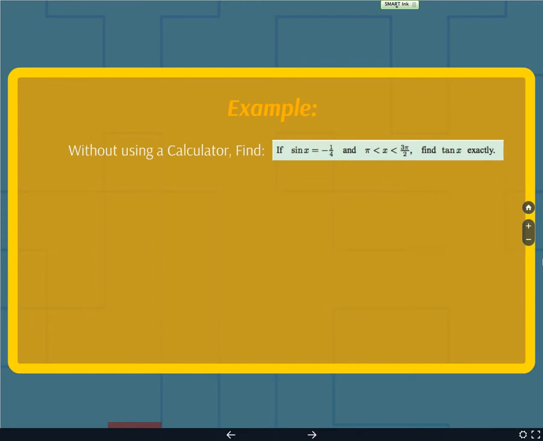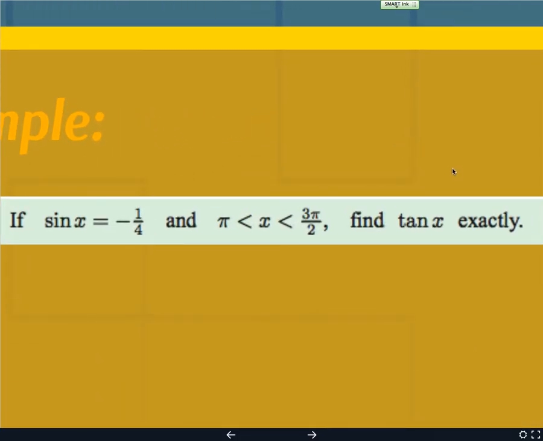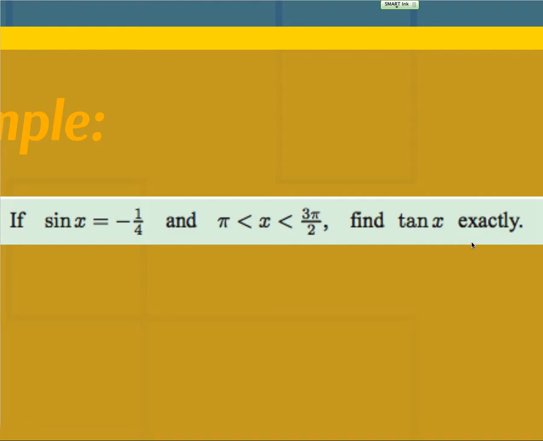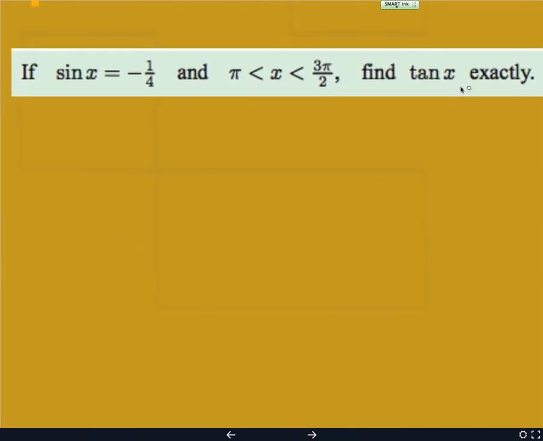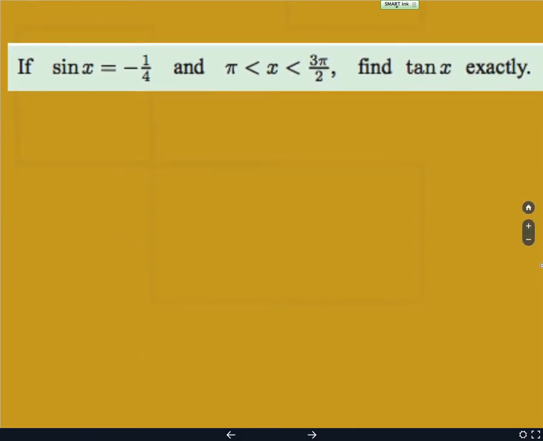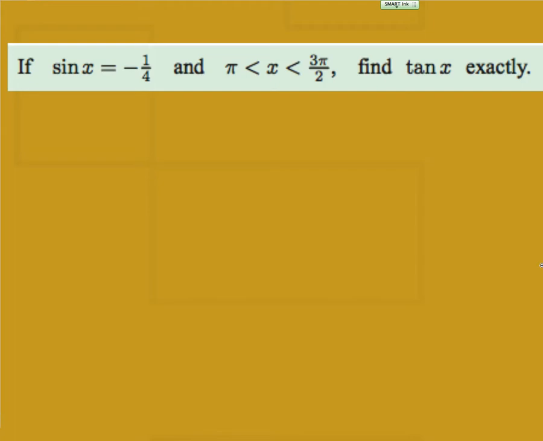Now we can actually see it. So you want to find tangent exactly if the sine of x equals negative 1/4 and if x is in between pi and 3 pi over 2.